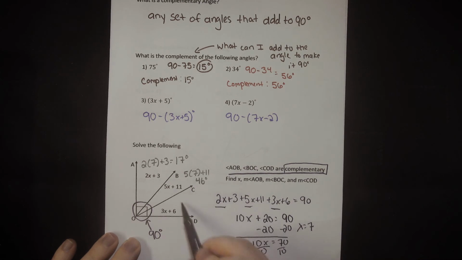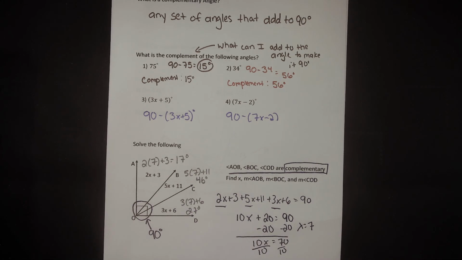And then 3 times 7 plus 6. 7, 14, 21. So 27. And again, I could add this all up just to double check it comes out to be 90. 17 plus 27 comes out to be 44. 44 plus 46 is 90. So that means that I did this right.